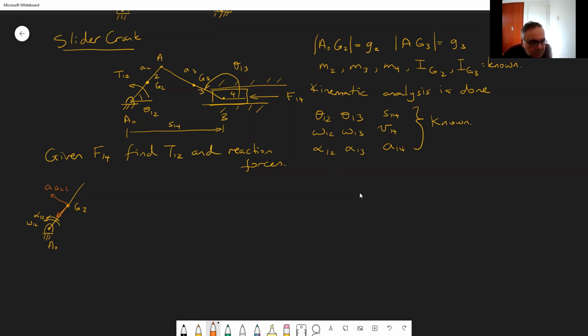AG2 tangential and normal. And the angle these make with the horizontal is theta. This is G2 omega 1,2 squared. This is alpha. So we just need to make a coordinate transformation to find the x and y components.